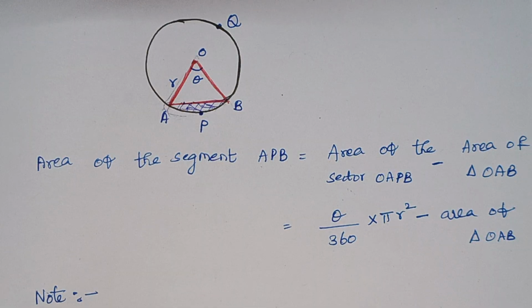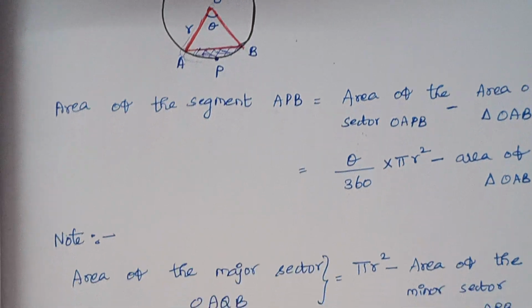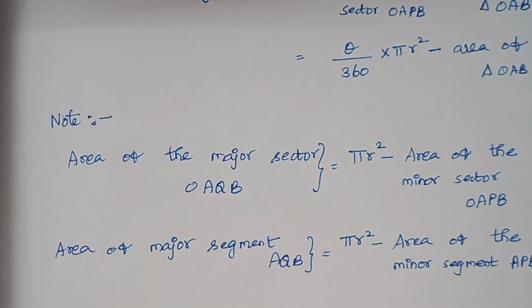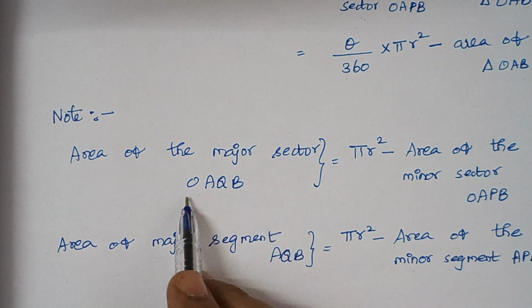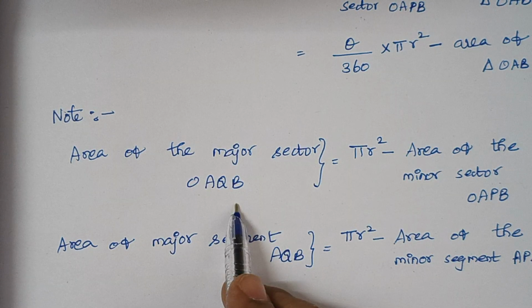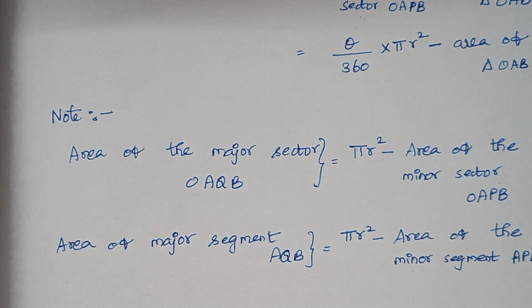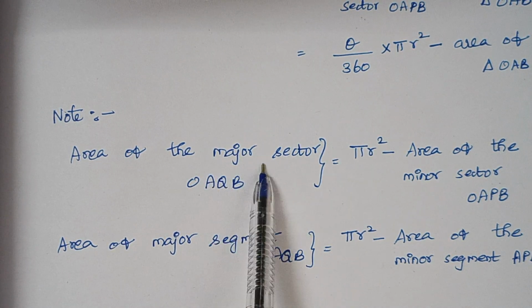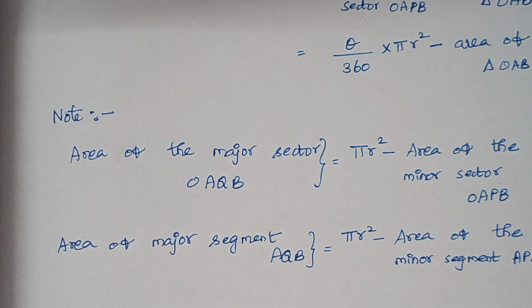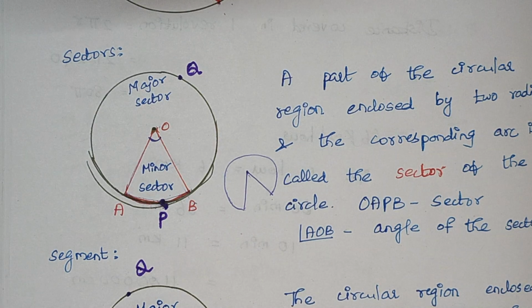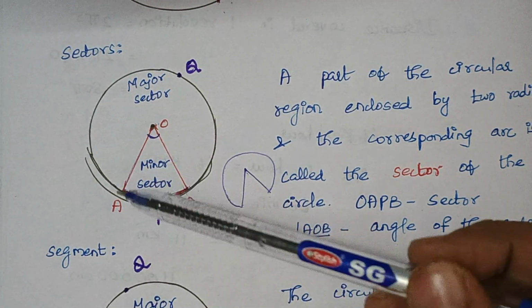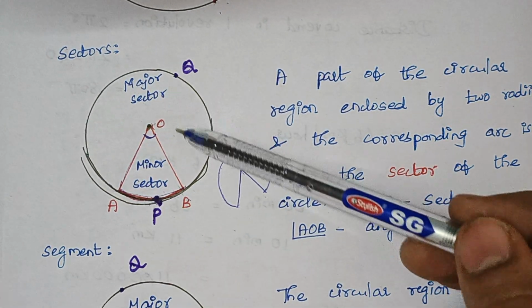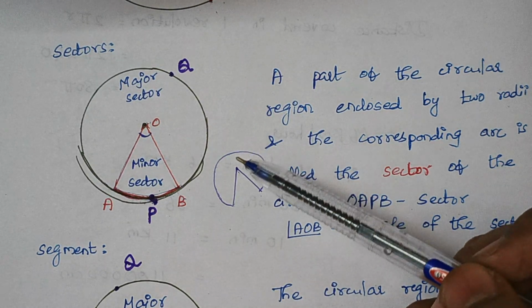And the next one is, we have two formulas. Here the thing is the area of the major sector OAQB. If you want to find the area of the major sector, we will look back at the diagram. This is the sector. How can we find it?